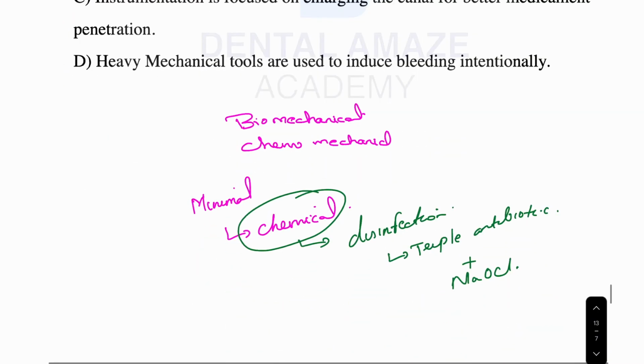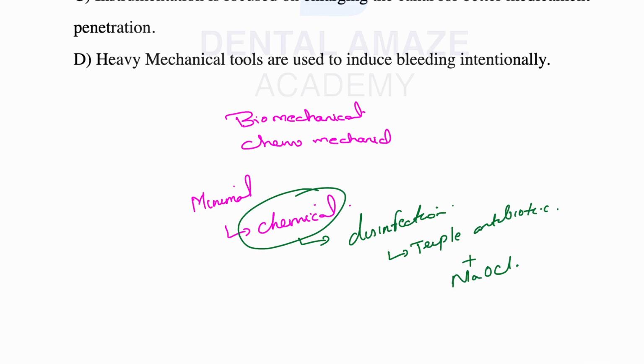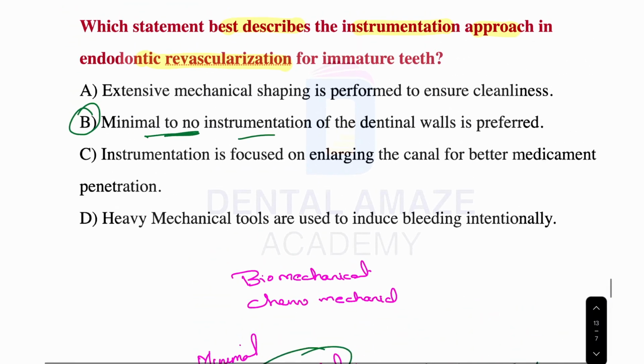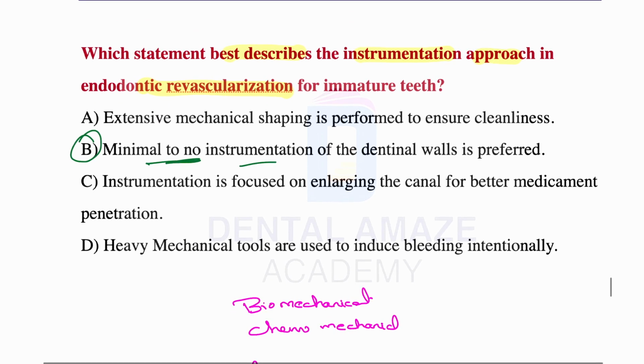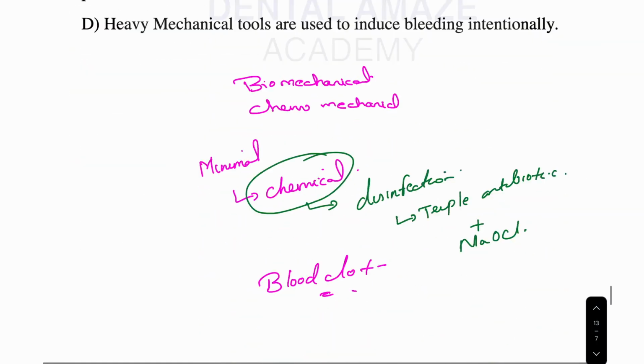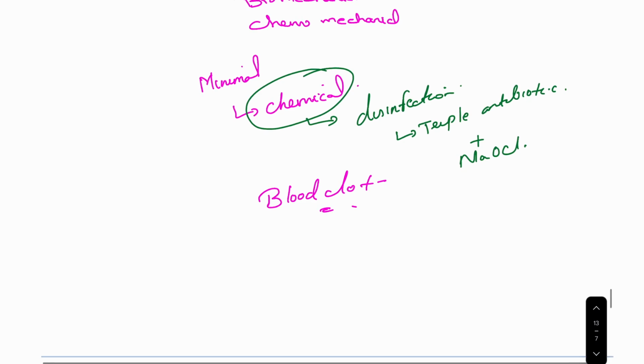Basically we disinfect it, and I told you already the next big concept is your blood clot formation, which I've already discussed in the previous questions. Okay, so that's the thing here. And yeah, why minimal instrumentation? Your book says the biggest problem if you do too much instrumentation is smear layer formation.